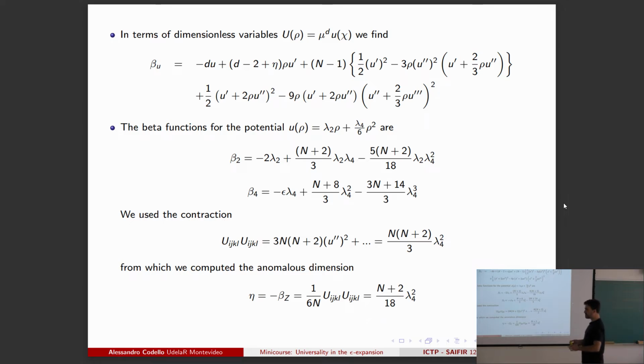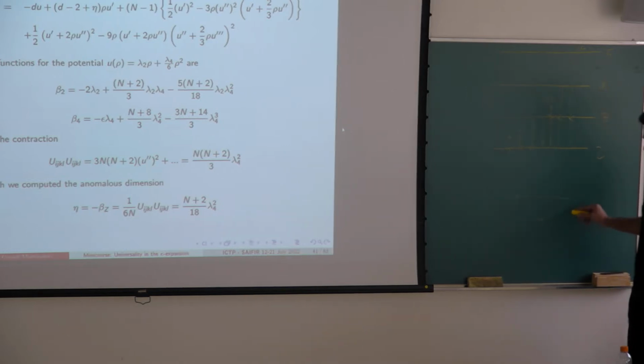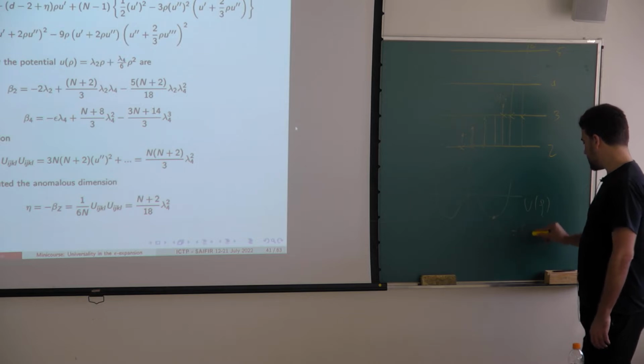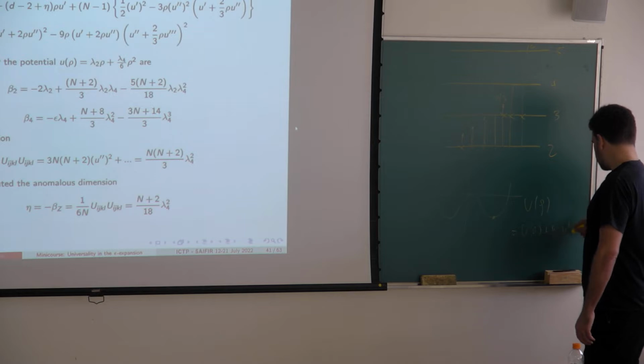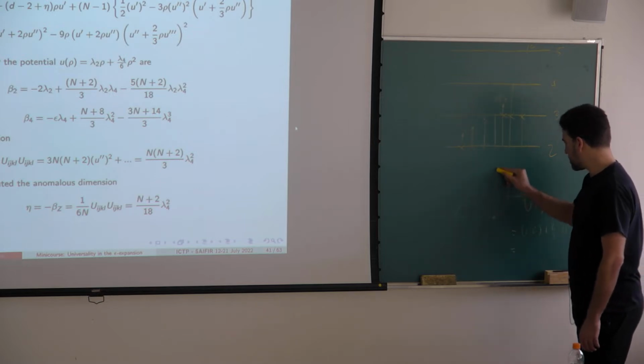If you are in a broken phase, you can expand around the minima, and define, because at the end, what are the beta functions? The beta functions are a Taylor expansion of the potential around a certain point. So I can do the Taylor expansion around 0, and this defines the mass and so on, or I can decide to do it around my rho star.